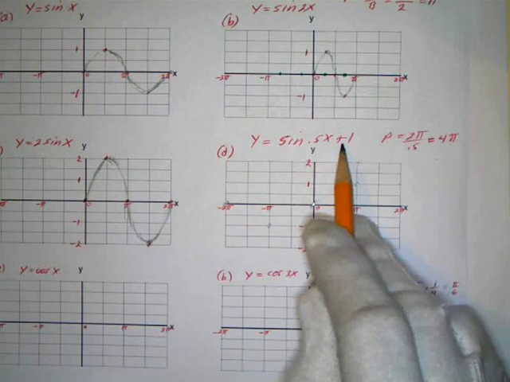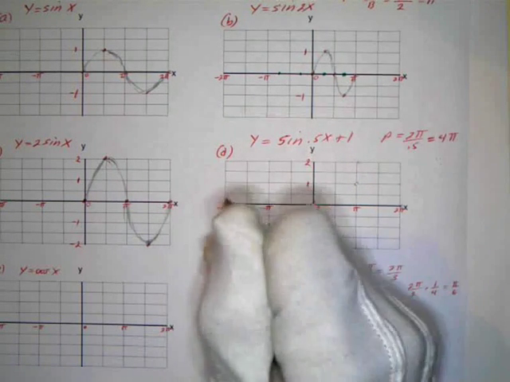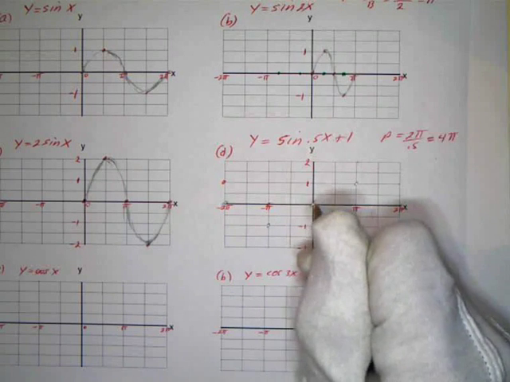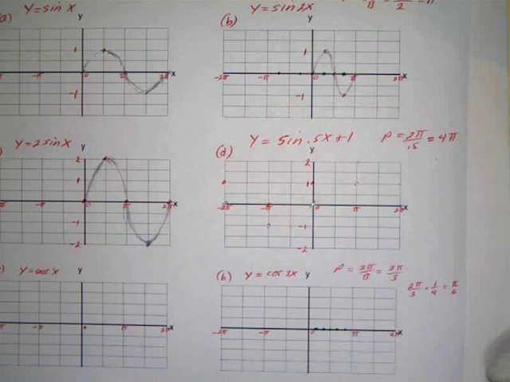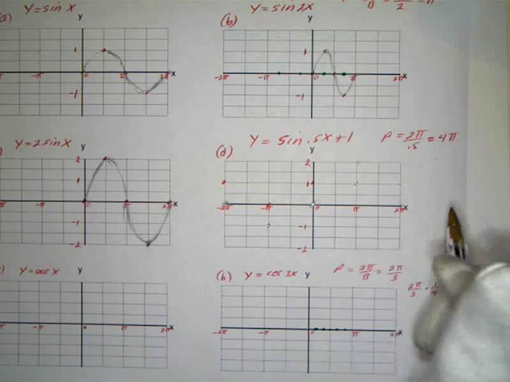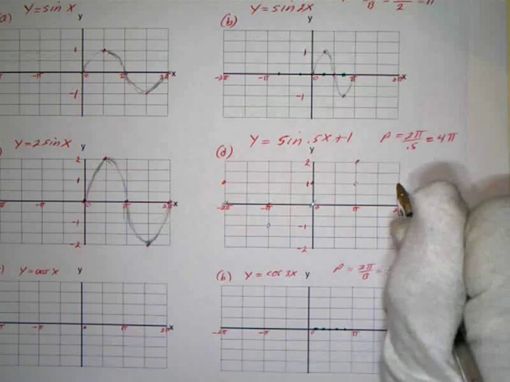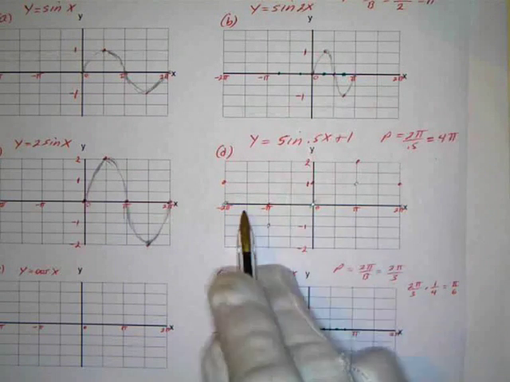I'm adding 1. So what I'm going to do is add 1 to each of these points to actually get the curve I'm going to graph. So I would add 1 to there, I'd add 1 to there, I'd add 1 to there. Add 1 to there, and add 1 to there. So this would be if there wasn't the 1, but it's just a period of 4.